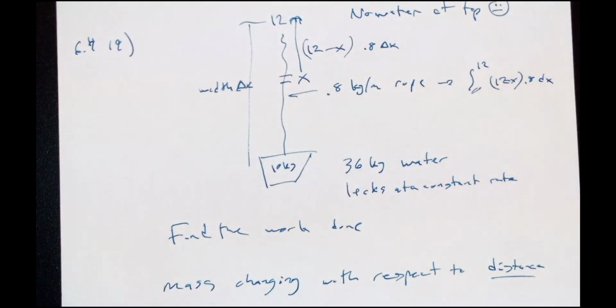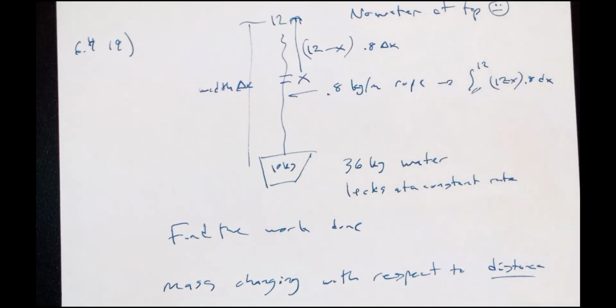Now let's think about the water. I start with 36 kilograms of water. But as I go up, I lose all the water by the time I'm up there. If it's leaking at a constant rate, how much water did I lose per meter of travel? 3 kilograms per meter, right?